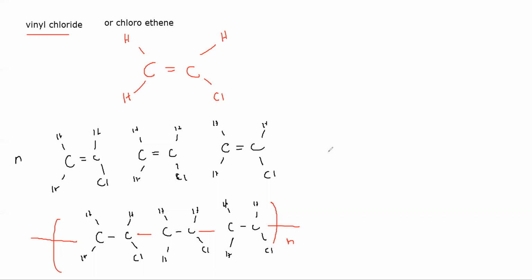What was the name of the monomer? It was vinyl chloride. What will be the name of the polymer?